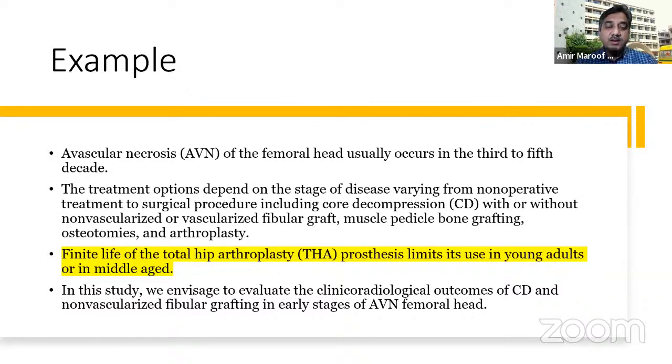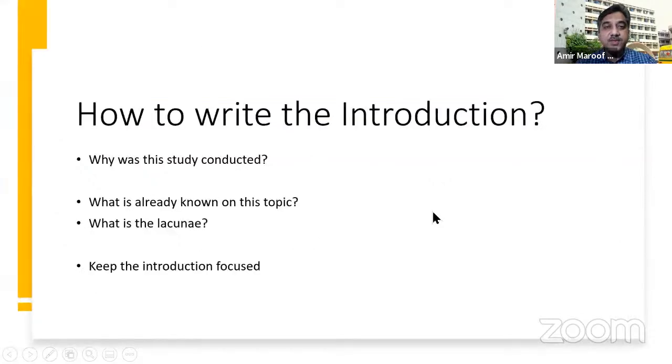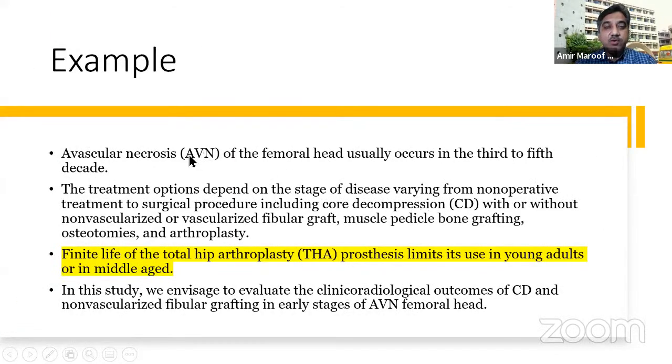So if you look, it is from the same paper that I started with: outcomes of core decompression with or without non-vascularized fibular grafting in avascular necrosis of femoral head, a short-term follow-up study. So if you look here, you will find that the first sentence is just about avascular necrosis occurring in the 3rd to 5th decade.